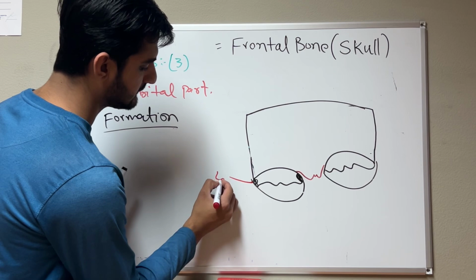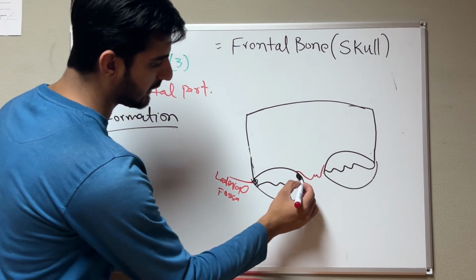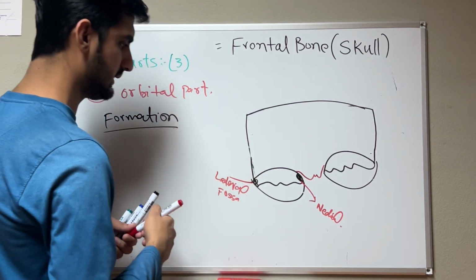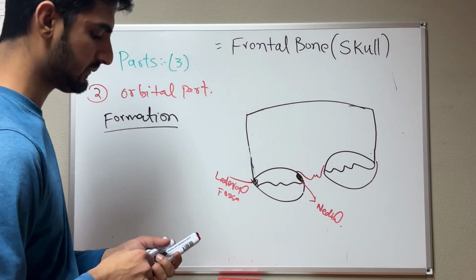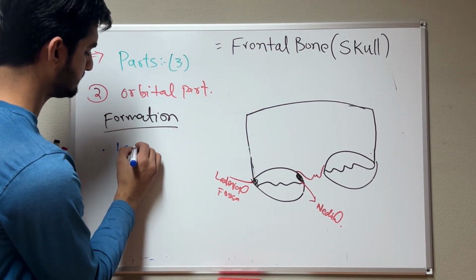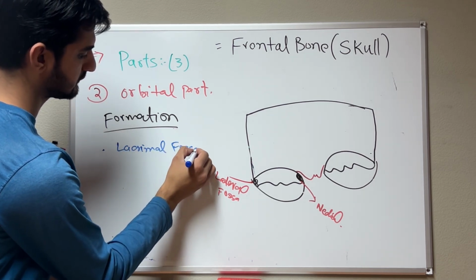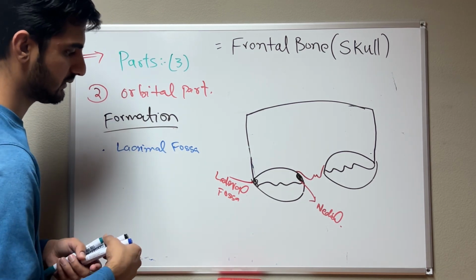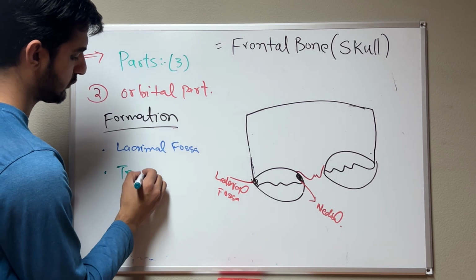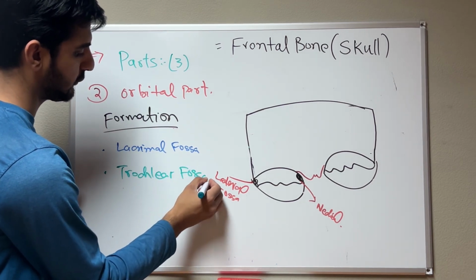One is on the lateral side, and one is the medial fossa. Lateralis and medialis. Laterally we have the lacrimal fossa, this one, and medially we have the trochlear fossa, or fovea trochlearis.